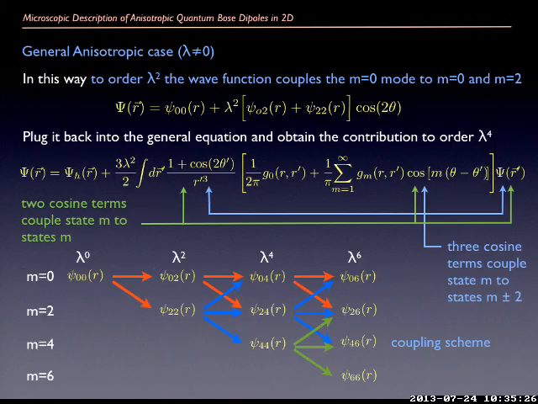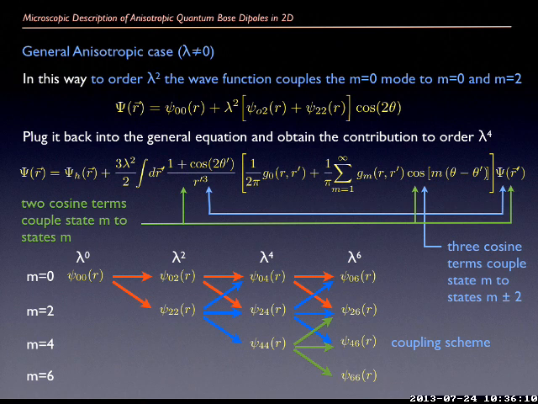Okay, you can keep doing this scheme. Put the second solution back here, and then you have integrals with 3 cosines. So integrals with 2 cosines are diagonal, but integrals with 3 cosines couple states m to states m plus or minus 2. So what you see in the end is that you start from a solution which only has m equals 0 contribution to order lambda 0, which is what you would expect, because lambda 0 is essentially no lambda, which means that all dipoles are perpendicular to the plane, so fully isotropic. And then to order lambda square, you get contributions from dressing of the m equals 0 mode, but also second mode contributions.